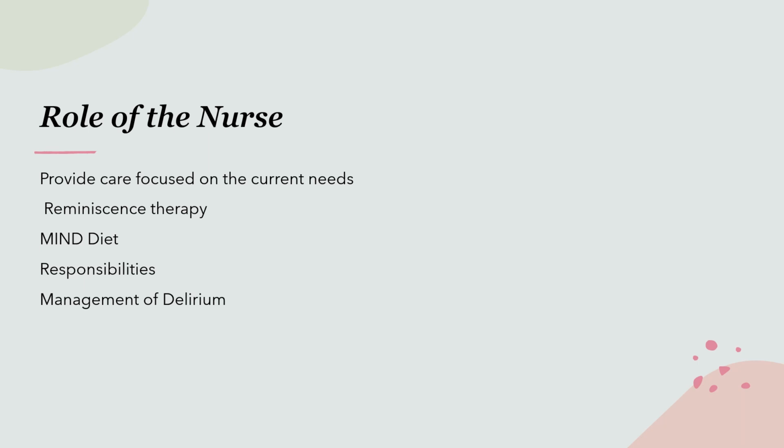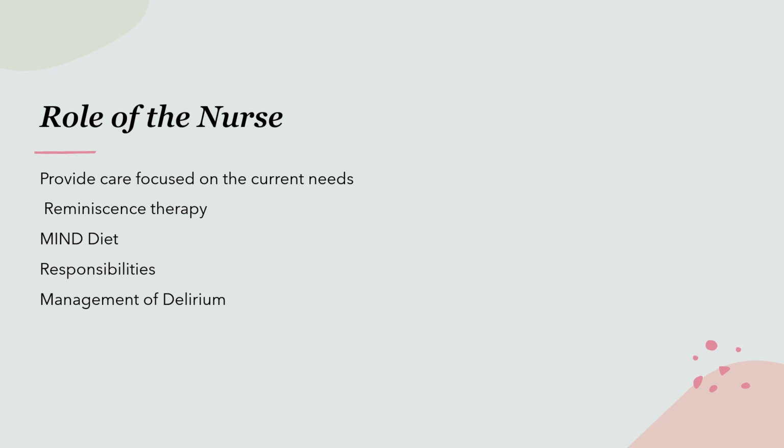Okay. We have the MIND diet, which is Mediterranean-DASH Intervention for Neurodegenerative Delay. That's going to be a healthy diet of fish, vegetables, plant oils. Exercise may slow the progression of Alzheimer's.